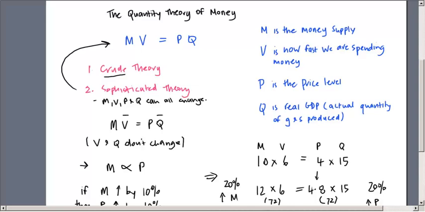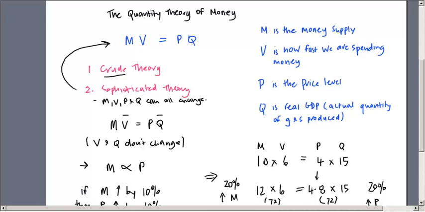Then what we can see is that in the sophisticated theory, if the money supply does increase, say again by 20%, we can't actually tell whether that's going to lead to a 20% inflation rate, because if V and Q are changing, either increasing or decreasing, at the same time as we're increasing M, then it might not result in a direct effect on the price level.